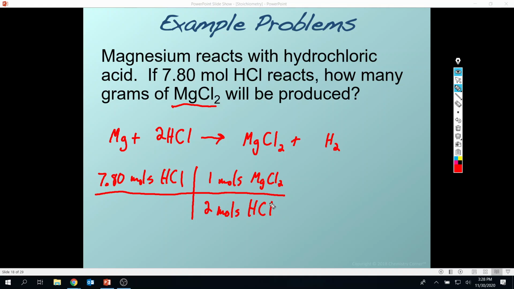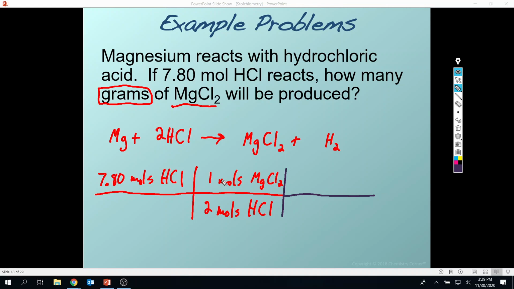Except it wants grams. Dun dun dun. So we need to go one more step. I think this warrants a different color. All right.